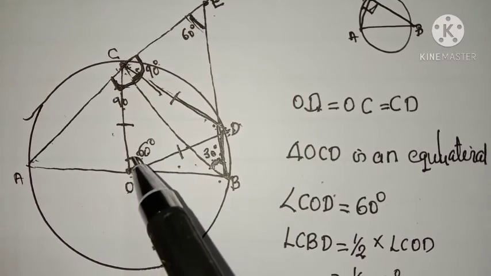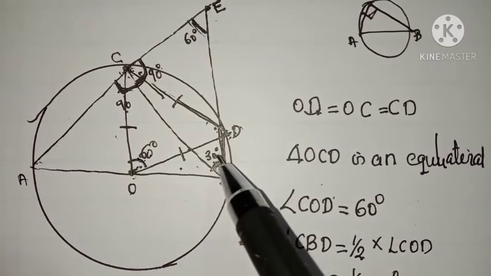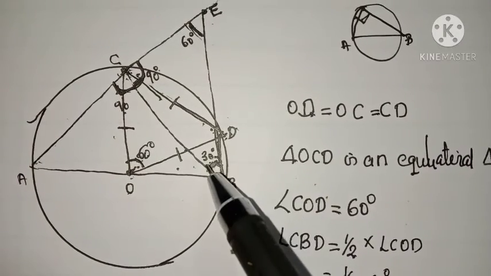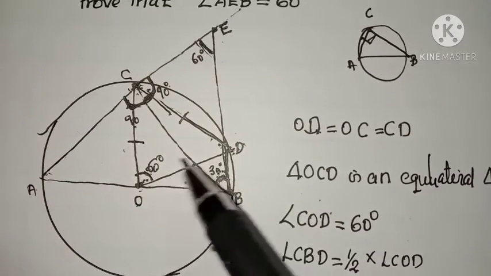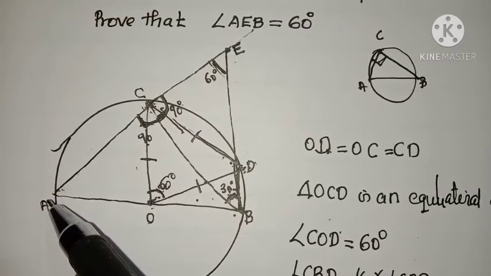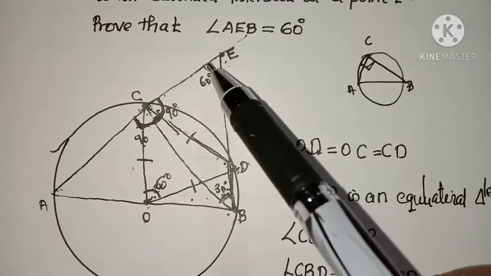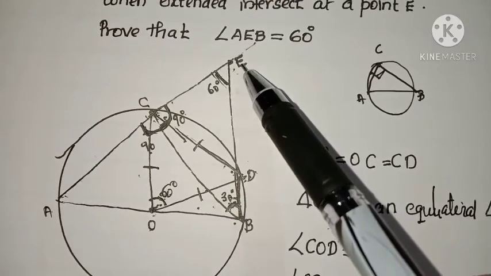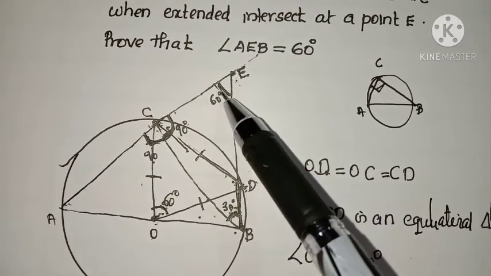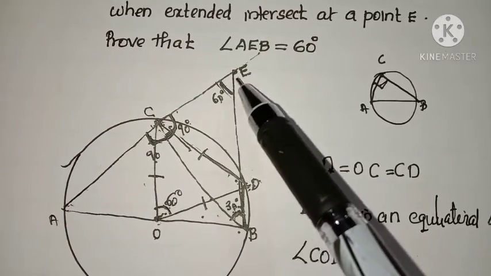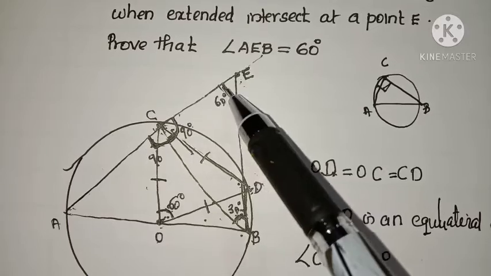We apply the theorem that the central angle is double this angle, and therefore angle CBD is 30 degrees. It is also given that when AC and BD are extended, they meet at a point E, and we need to prove angle AEB is 60 degrees.